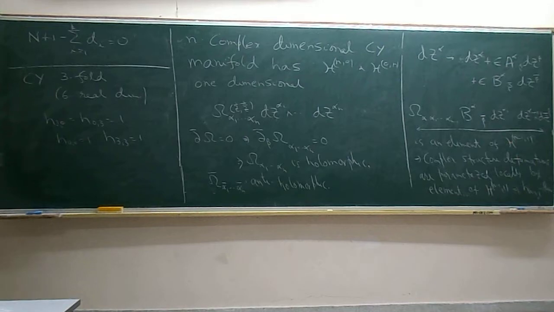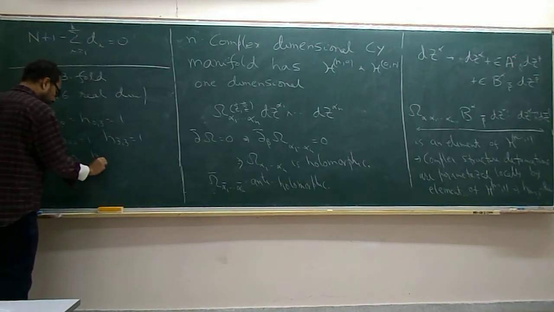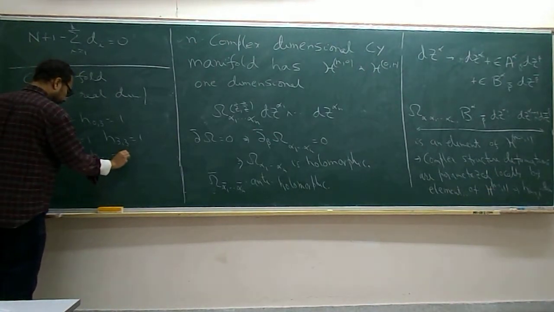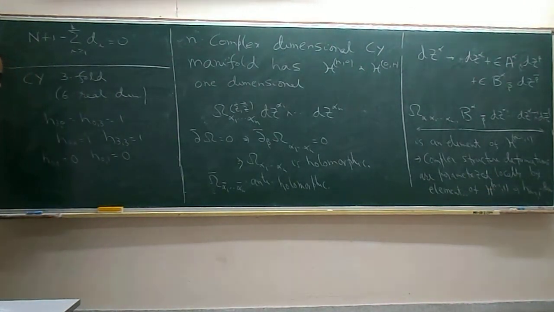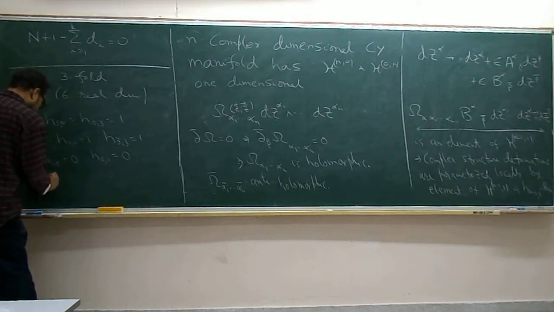It turns out that on a Calabi-Yau manifold H10 is 0, and so is H01, and so are H02 and H20.